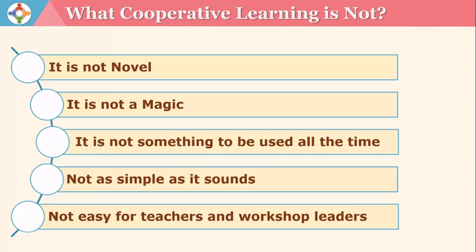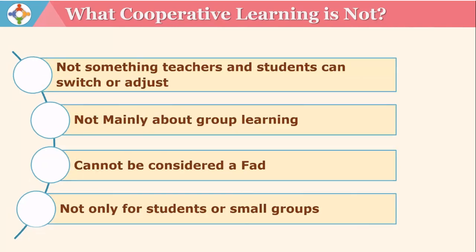And it is not as simple as it sounds, because teachers and workshop leaders need to have good training to have cooperative learning classrooms. So it is not easy to switch or adjust to.